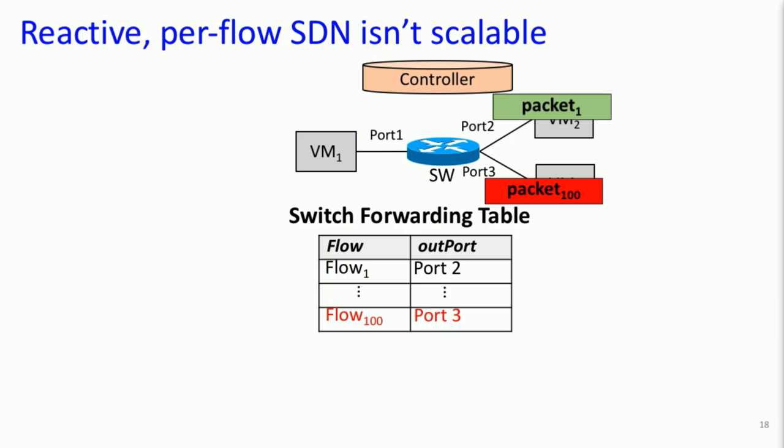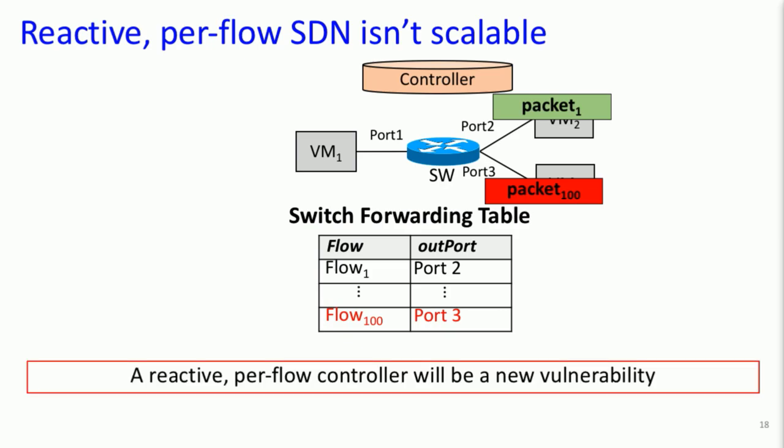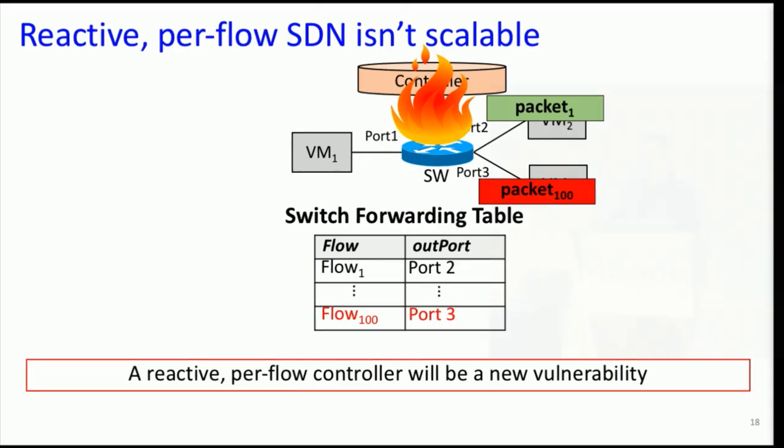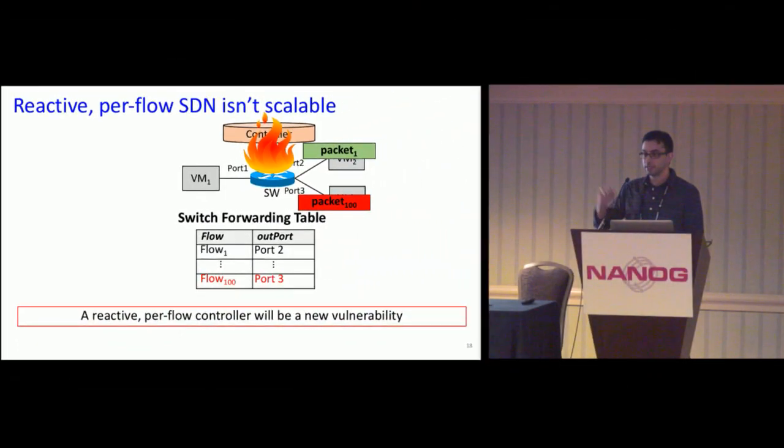But when we're talking about DDoS, if I'm an attacker, I can simply come up with attack traffic that involves a lot of distinct flows. And by doing so, I'm going to impose a significant scalability problem on the system. First of all, I can overwhelm the communication channel between the switch and the control plane because of all these queries to the controller. And the second problem is every switch has a limited space to store forwarding rules. And if there are lots of distinct flows, this limited space is going to be quickly exhausted. So how do we deal with that?